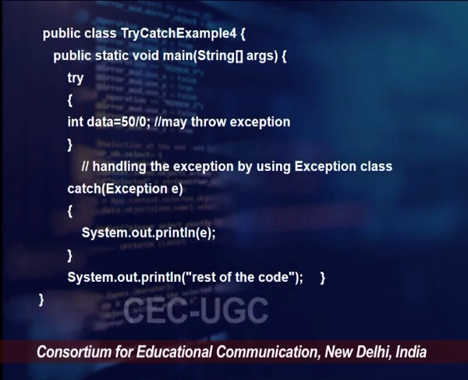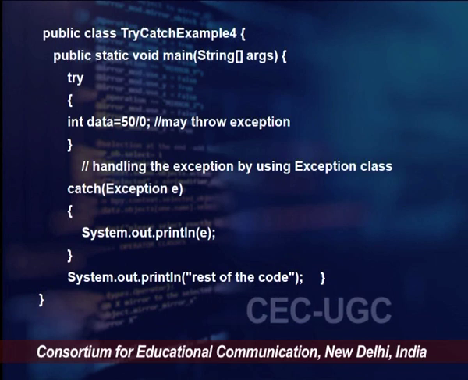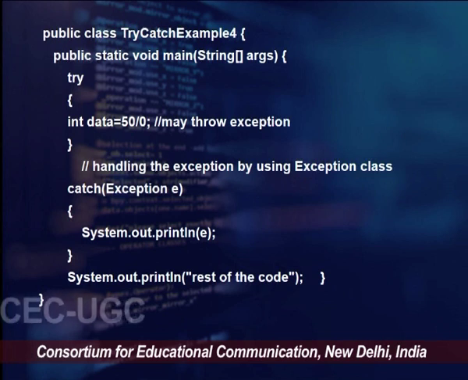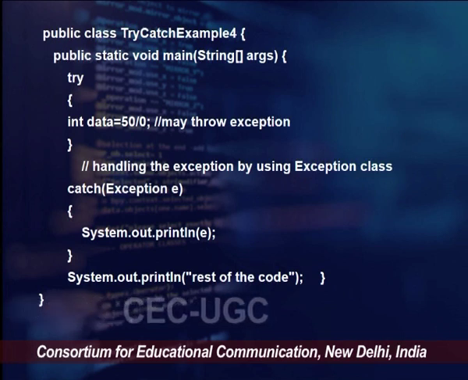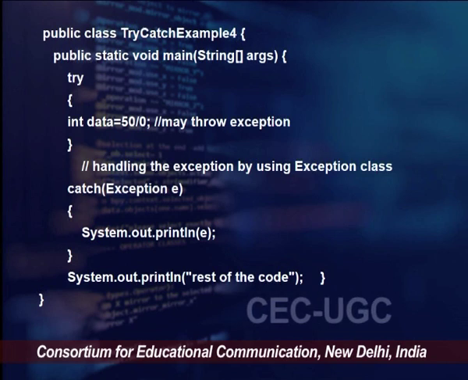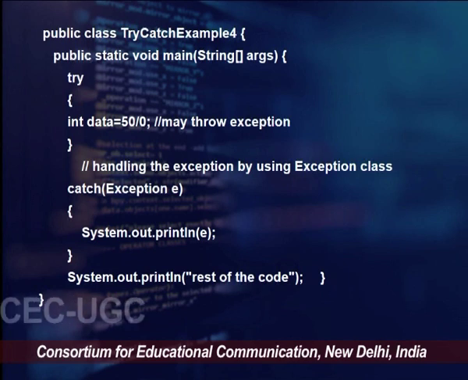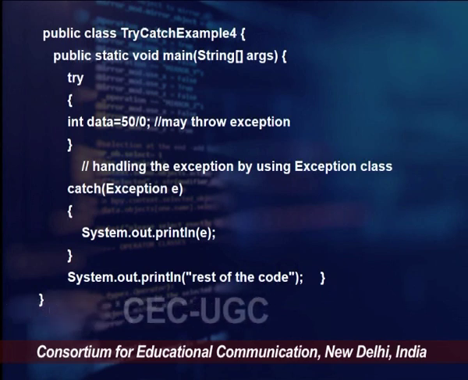We have a try block with int data = 50/0, the exception is thrown, and that can also be handled by the catch which has the parent class Exception. The Exception class is the parent class of all the exceptions.